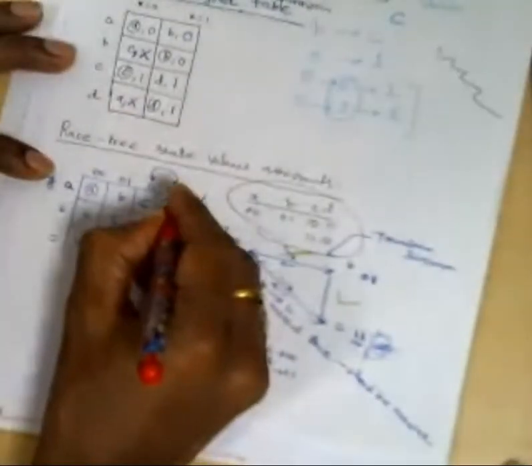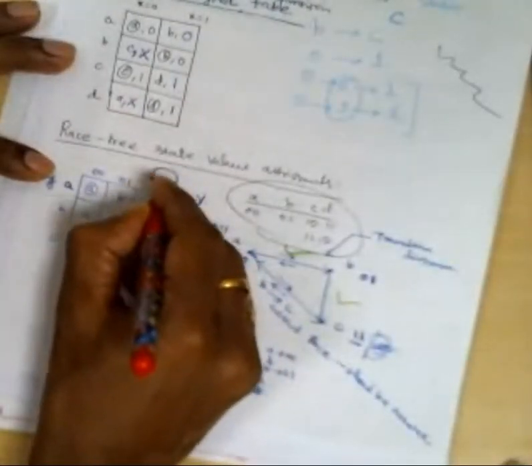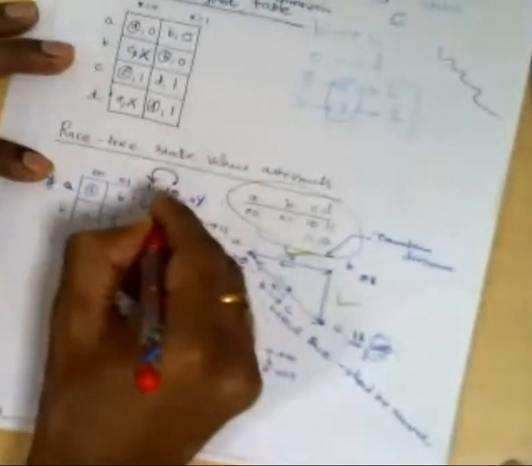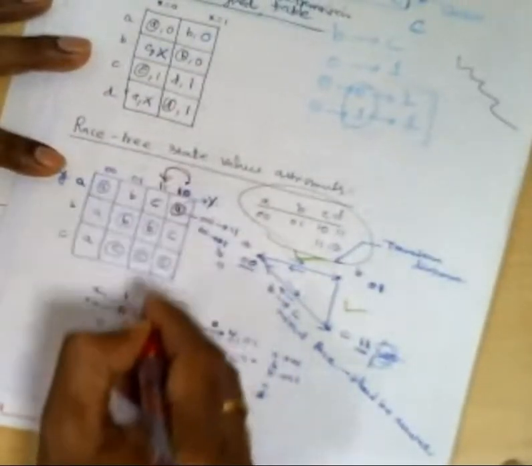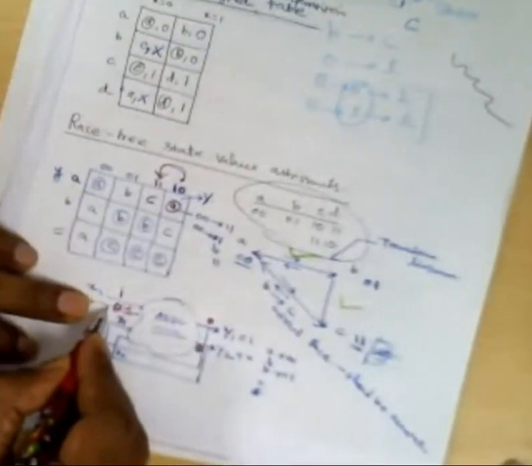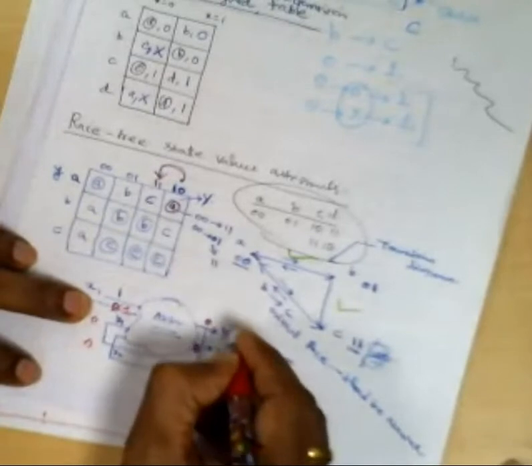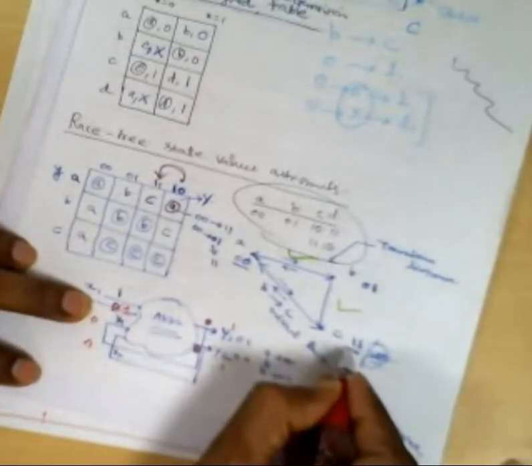Now I am changing the X2 to 1. Now the input is changed, 1, 0 to 1, 1, so it will come here. When the input is changed, immediately we are expecting 1, 1 to be generated, because 1, 1 is assigned to C state.